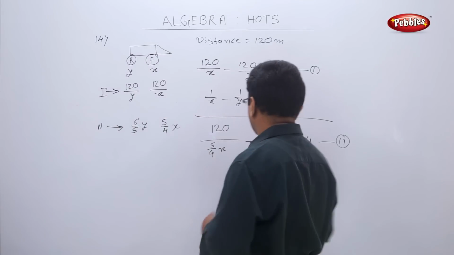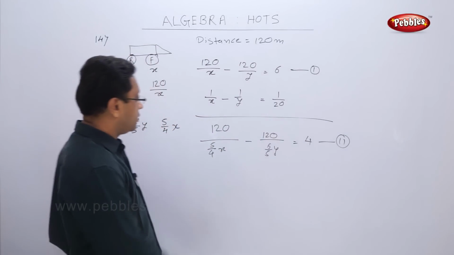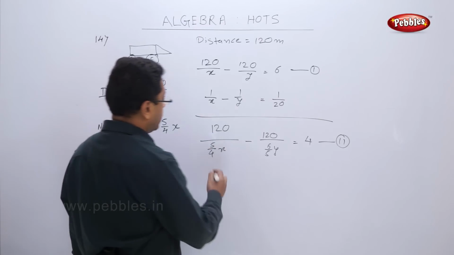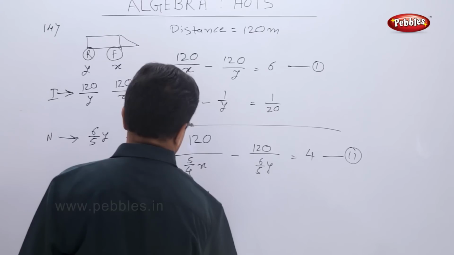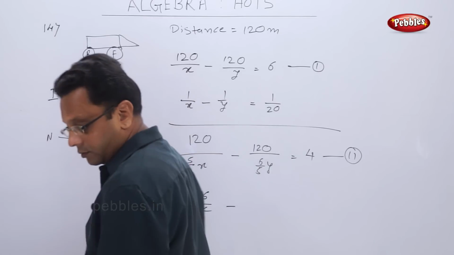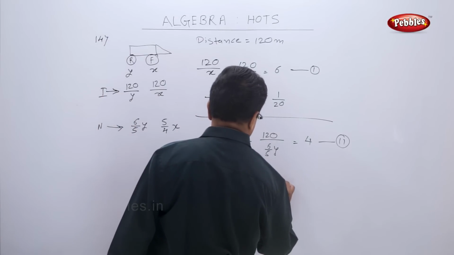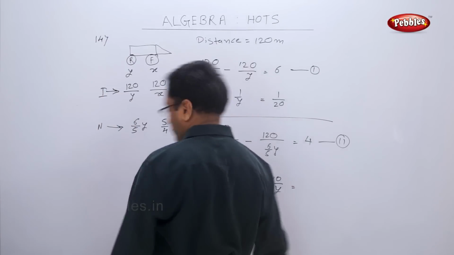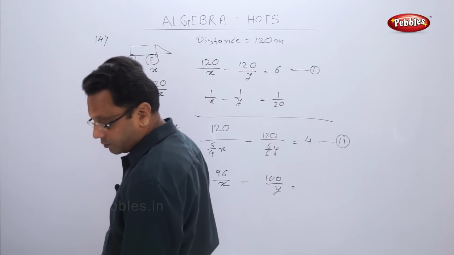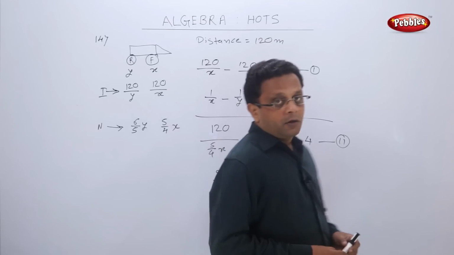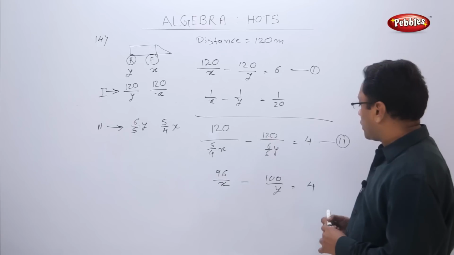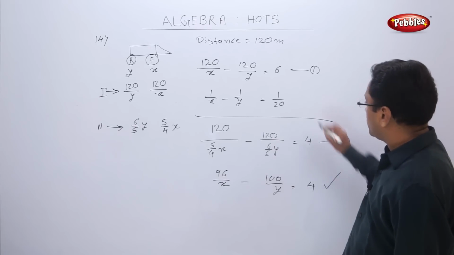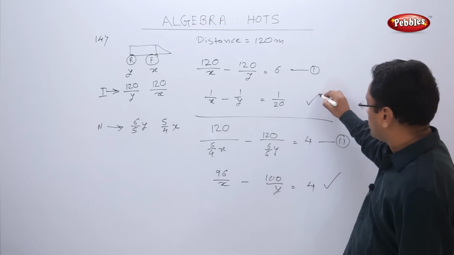So let us simplify this further. This 4 will go up and ultimately we will get 96 upon x minus 100 upon y is equal to 4. So from the second condition we have got this expression, and from the first condition we have got the other expression.